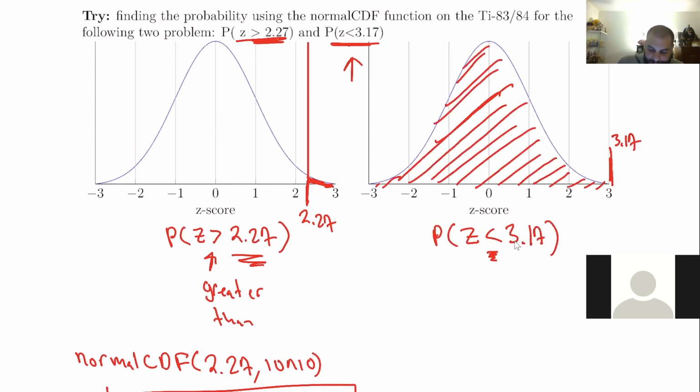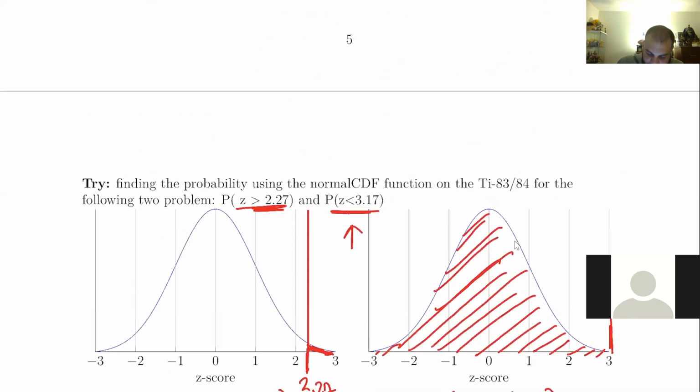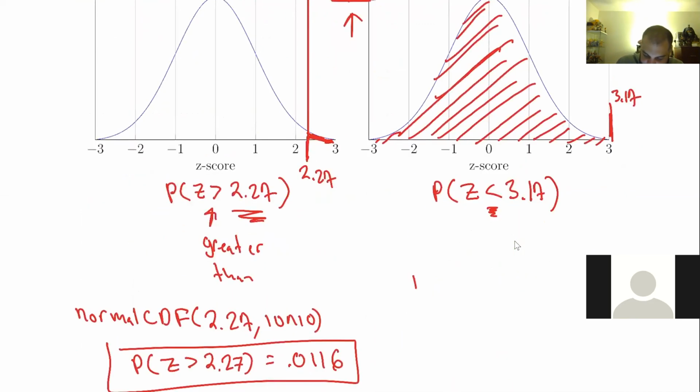So let's go ahead and figure out what our lower bound and upper bound are. So we do normal CDF. For this one, what would be my lower bound? What's the lowest value that I possibly shaded when I shaded it all red?